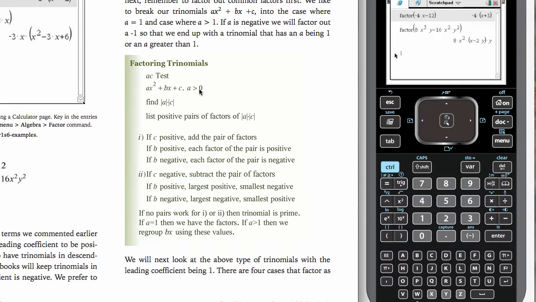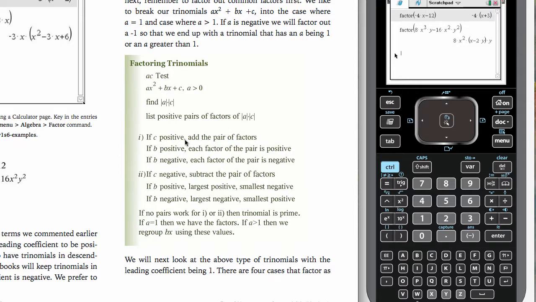So when we have a problem with a negative involved, we're going to factor out the negative before we do this. Then we're going to list the positive pairs of factors of the product of the absolute value of A times C. We're going to take a look if C is positive, and if C is negative. If C is positive, we're going to add the pairs. If C is negative, we're going to subtract the pairs.